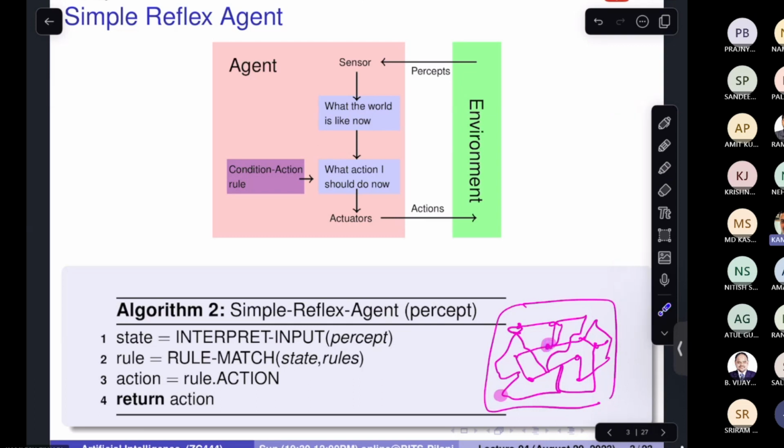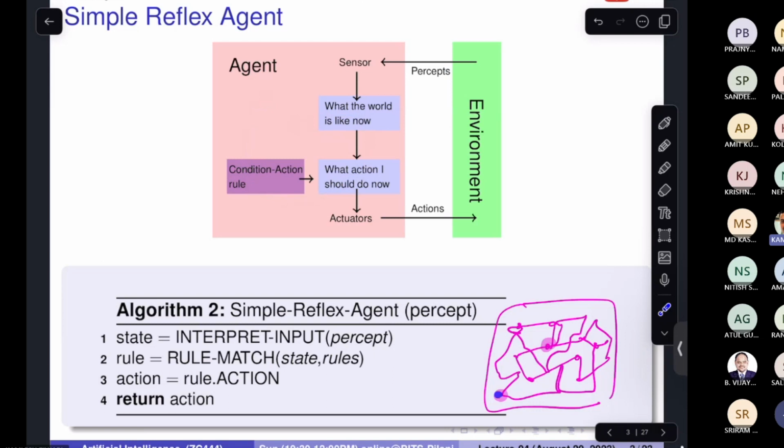If it is a simple reflex agent, will it be able to reach this particular place? No, as you mentioned, it should be goal-based, to see what is expected out of it, whether we should reach fast or by the shortest path. But I'm saying this is my goal, yet the agent is not taking that in. There is no factor inside the coding, no understanding of the goal inside the agent.